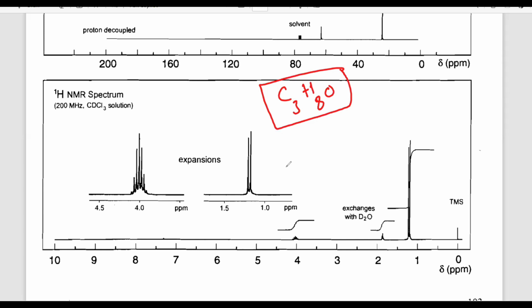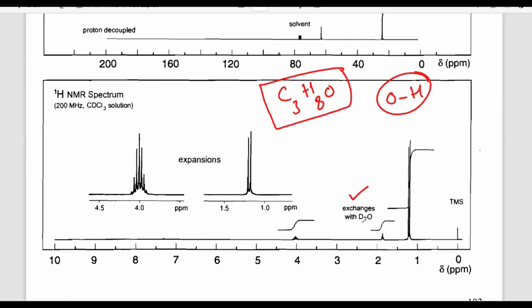Okay, so the degree of unsaturation is 0 for this compound. Let's see the integration. Whenever it is written exchange with D2O, it means this compound contains OH. This is a clear indication, because whenever hydrogen is connected with a heteroatom, it will easily exchange with deuterium oxide, heavy water.